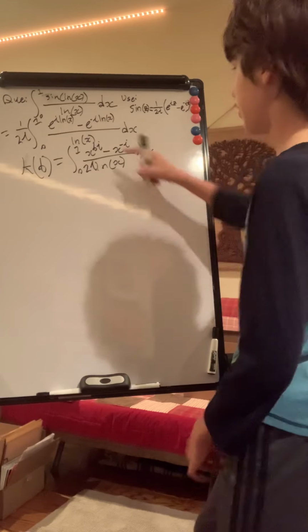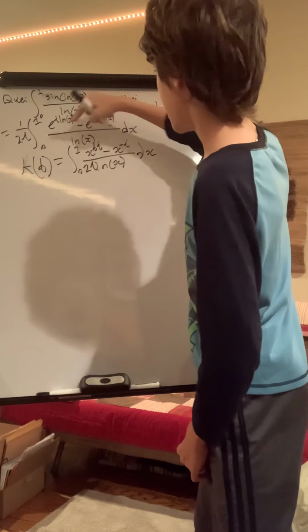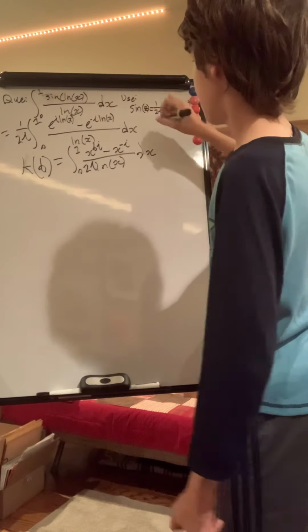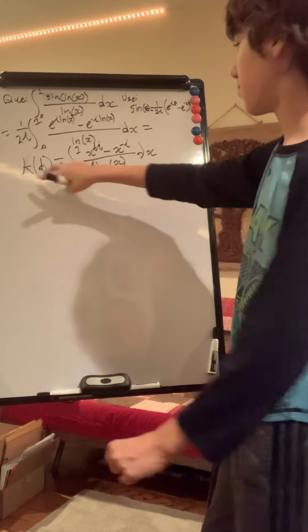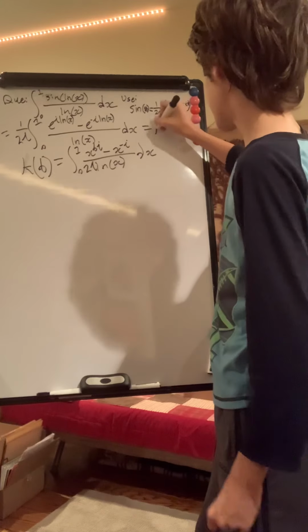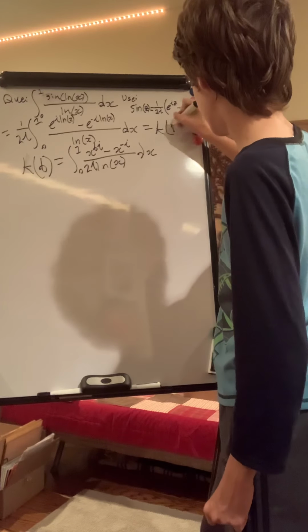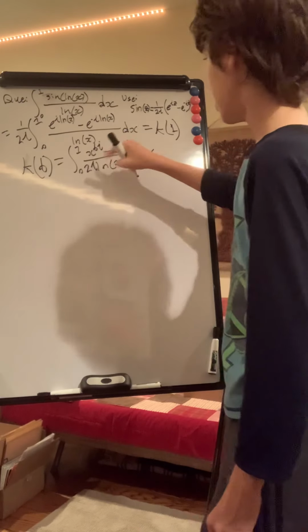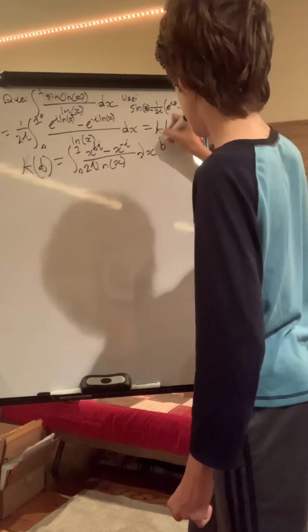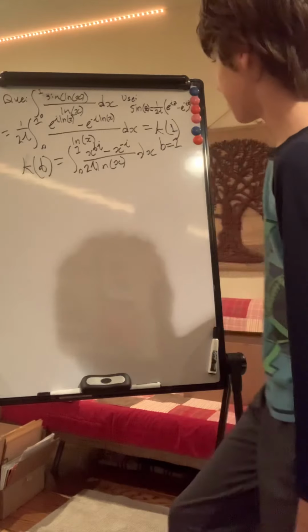Note that we can take this integral here to be a special case of our k parameterization. In this case, this is k of 1, because we have our 1 here by the i, so b equals 1.